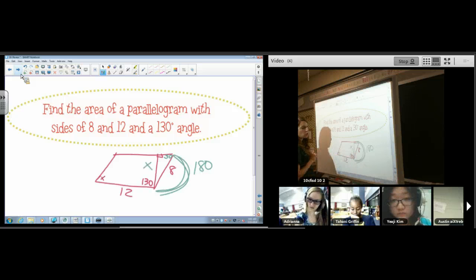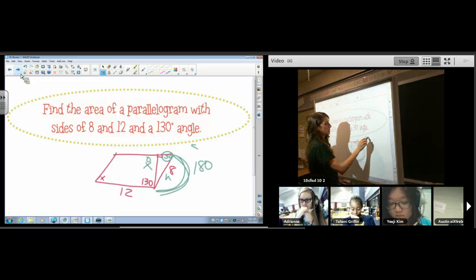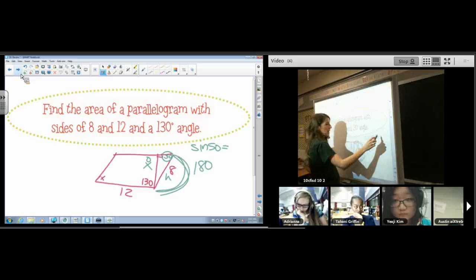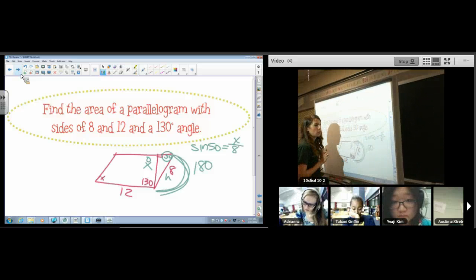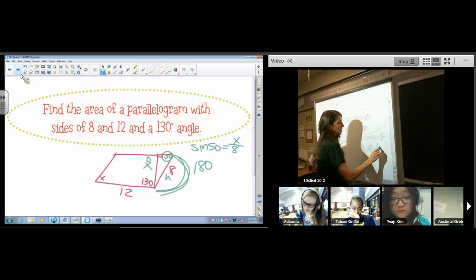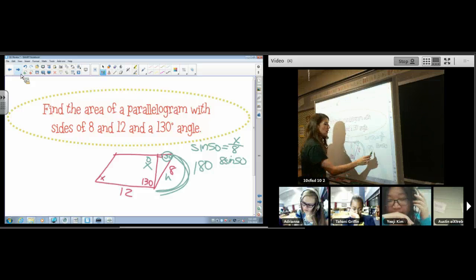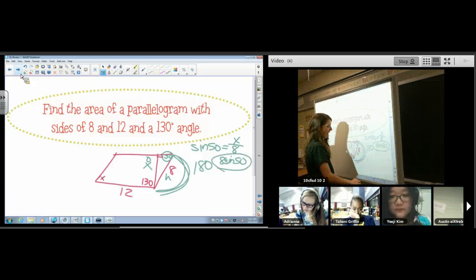Now we're going to have to use trig. I've got a 50-degree angle and I've got opposite and hypotenuse. So I use sine of 50 equals opposite, which is x, over hypotenuse, which is 8. And then I did 8 times sine 50. And that is the height.